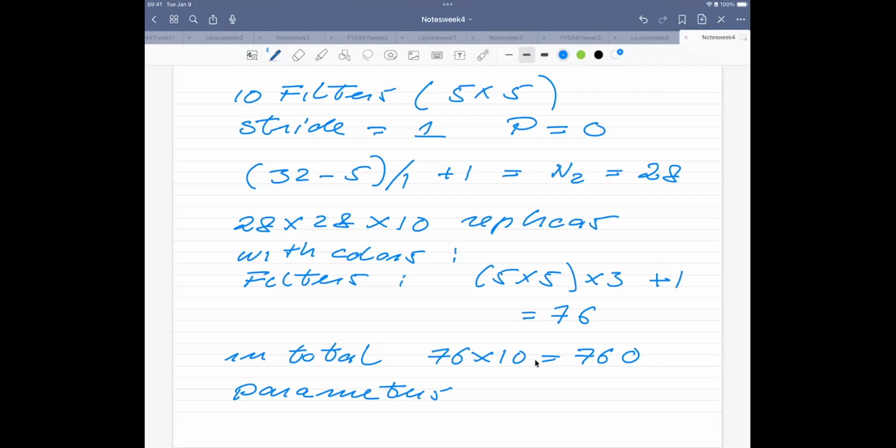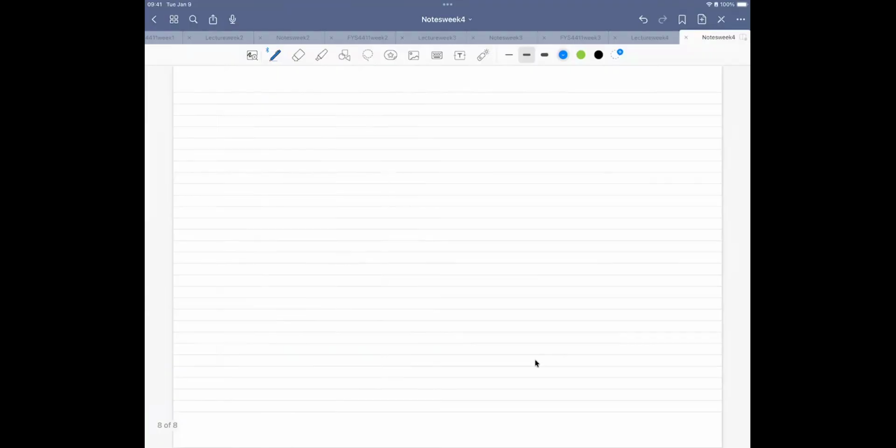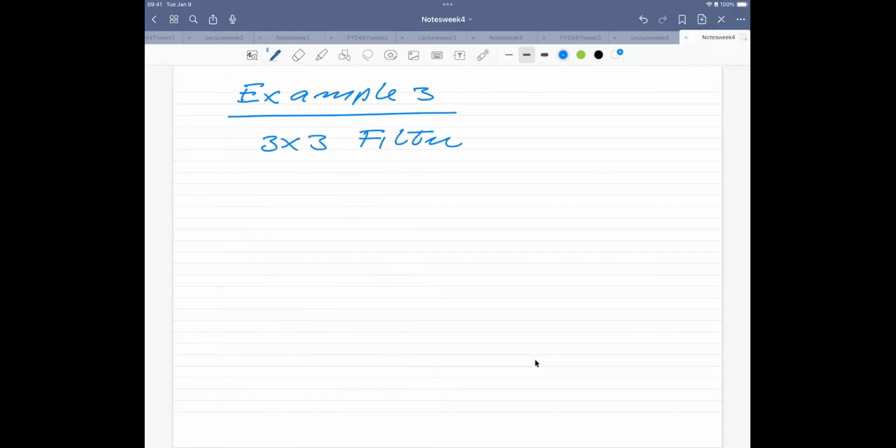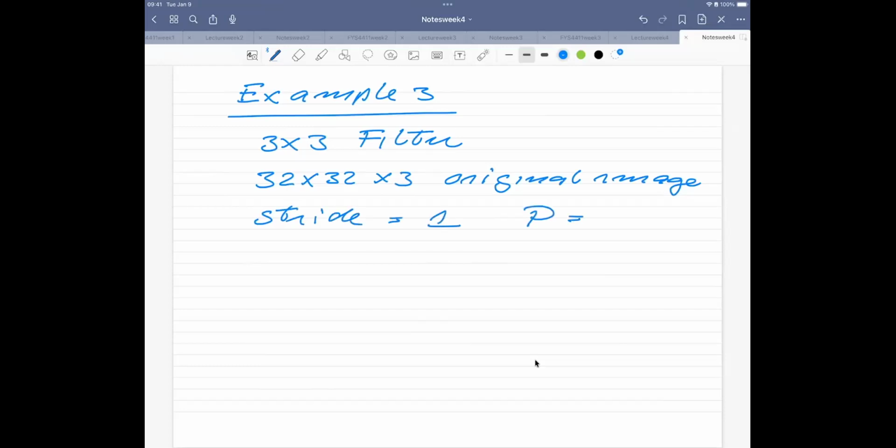So we can do a further example. In that case, we can have a 3x3 filter, and an image which is 32 times 32 times 3. That is the original image. Again, you put stride equal to 1 and padding equal to 0.